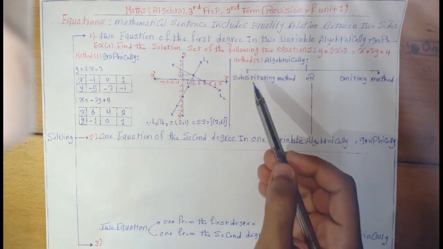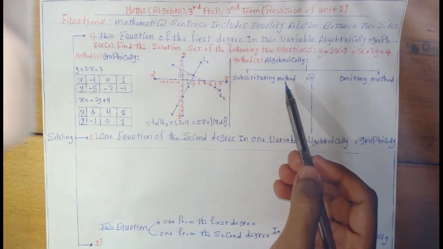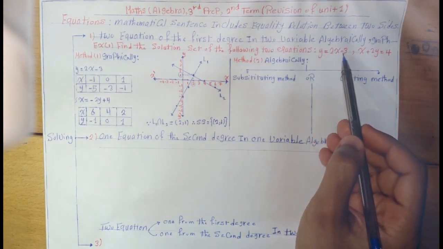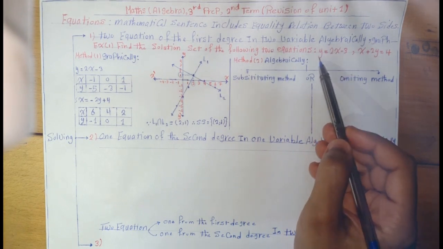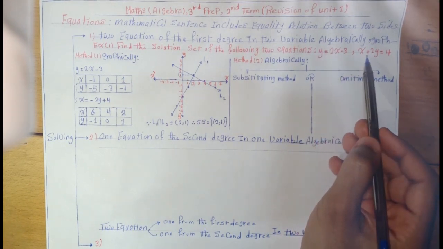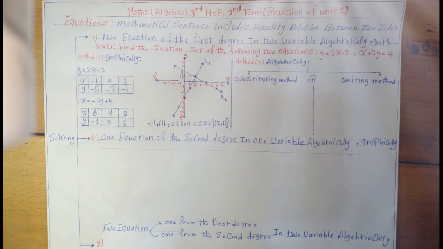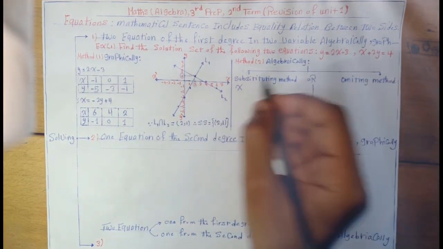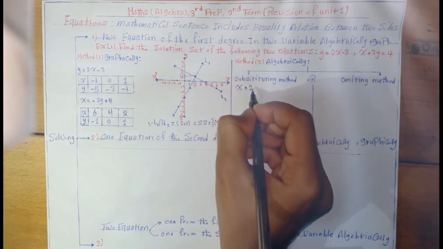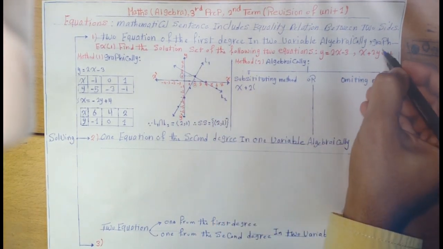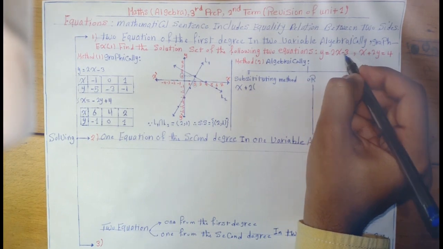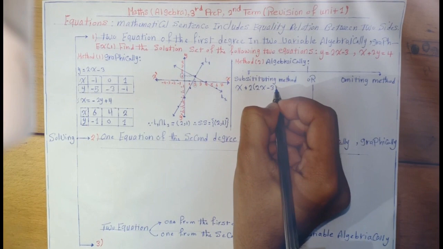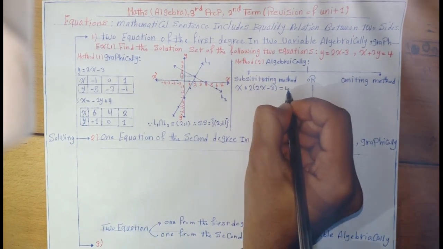In the substituting method, we take one equation, for example, y equals 2x negative 3, and substitute the variable y in the second equation as follows: x plus 2 open bracket, y equals 2x negative 3, close bracket, equals 4.